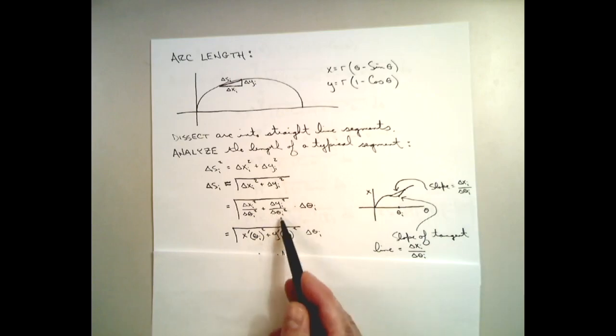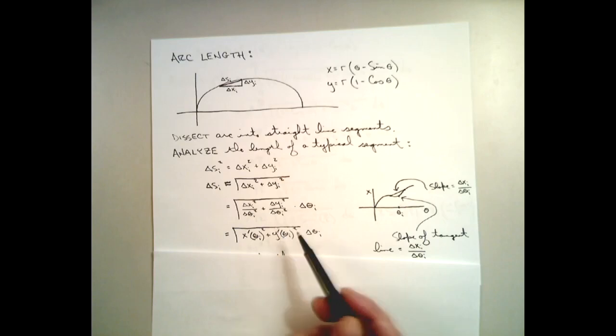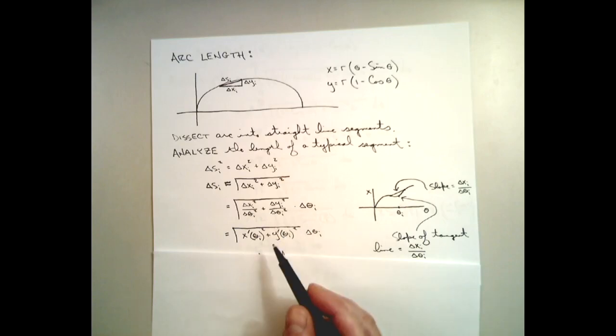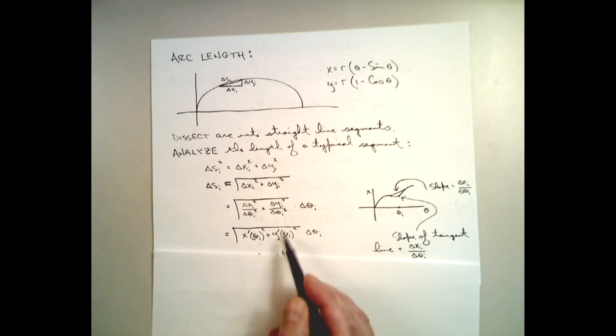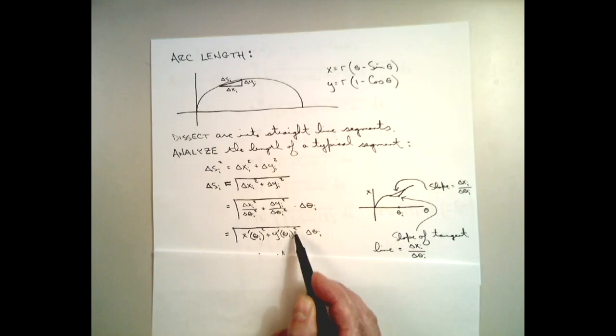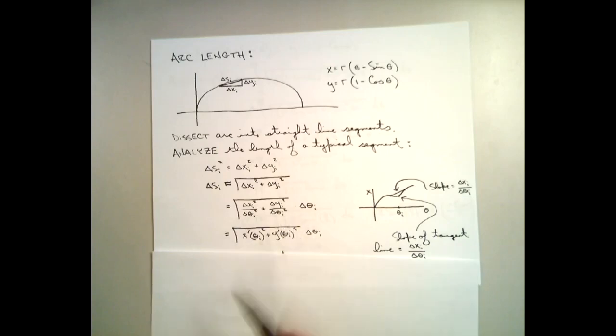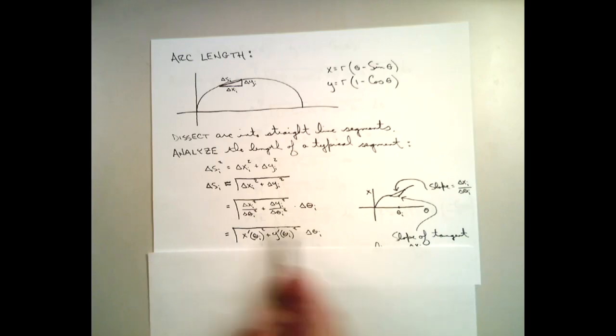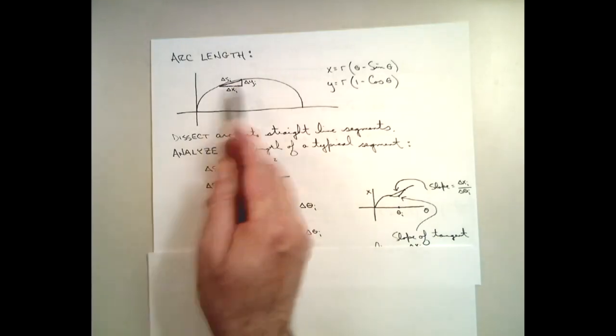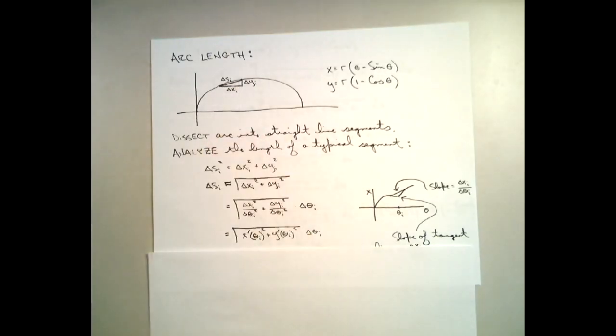So delta y sub i over delta theta sub i, by the same sliding motion with the y graph against theta, I'm going to be able to translate that into y prime of theta sub i. And we're squaring both of those quantities. And so this gives us a nice way of expressing the length of that line segment.